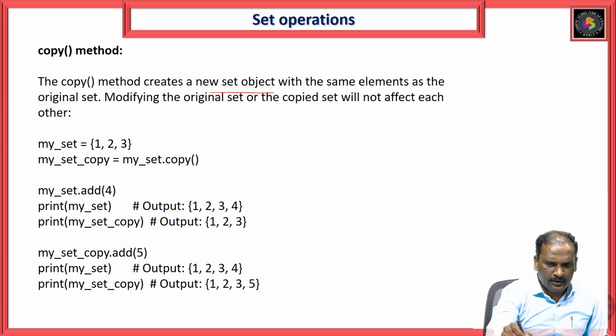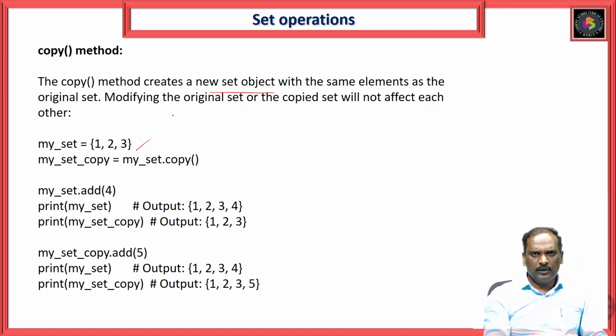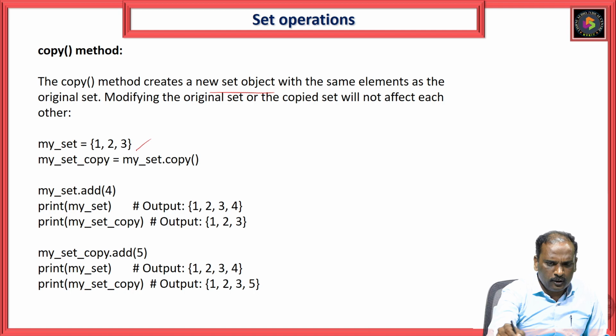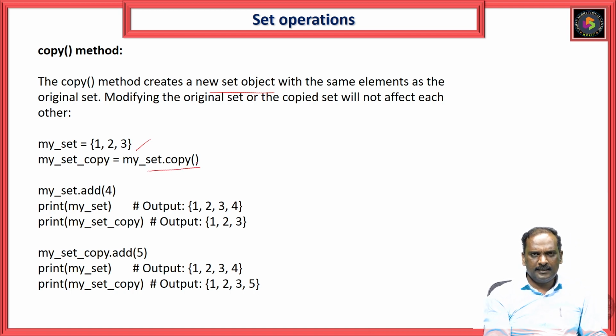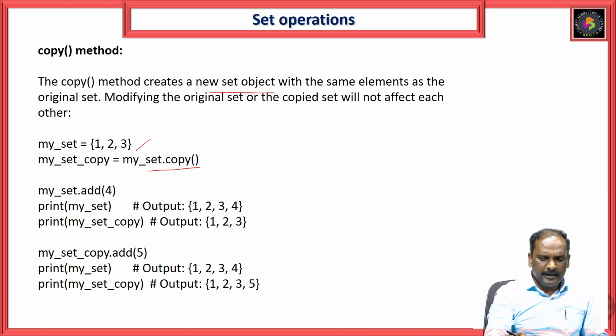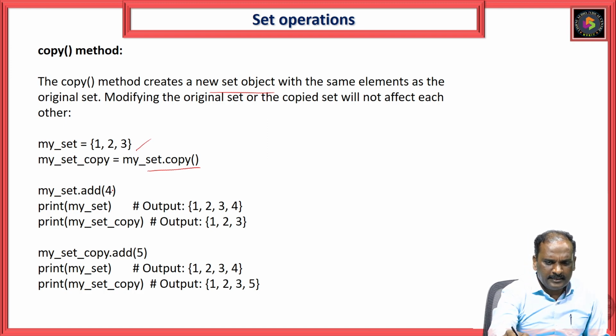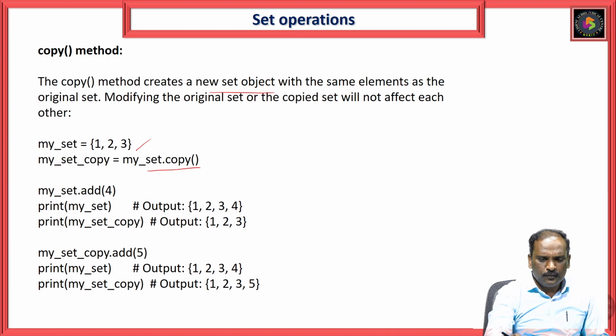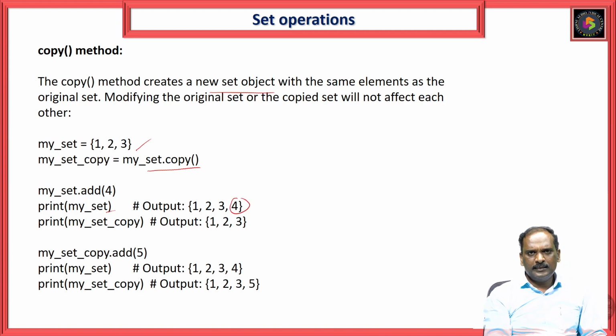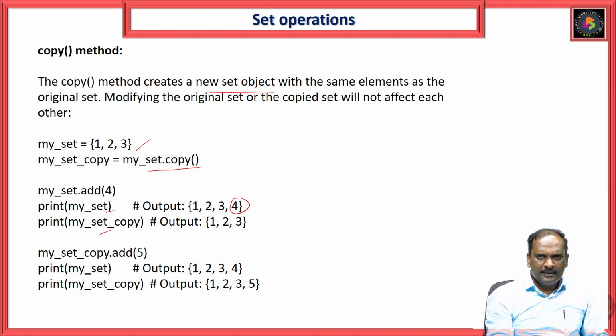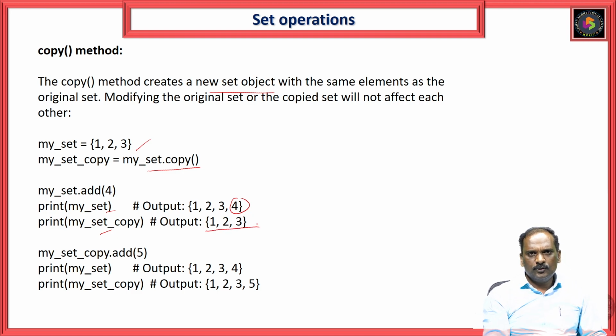Here in this example, you can observe that my set is containing 1, 2, 3. I want to make a copy, my copy set, by applying the copy method: my_set.copy(). When I add 4 to my set, that is the original set, and display it, you can observe that 4 is added to the original set. If I display the new copied set, you observe that there is no new element.